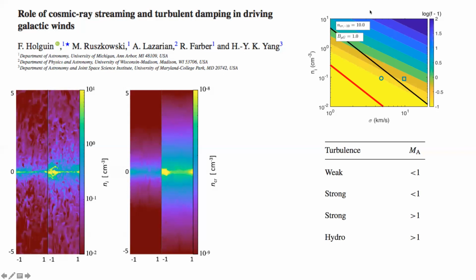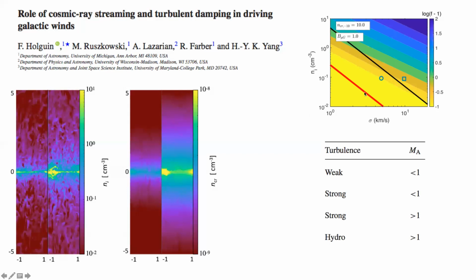And so a summary of the influence of these turbulent damping rates on the cosmic ray transport speed is found over here on the upper right, where I'm showing some of the parameters that affect the cosmic ray transport speed, namely the plasma density, the velocity dispersion, the magnetic field, which I set constant here, and the cosmic ray density, which I also set constant here.